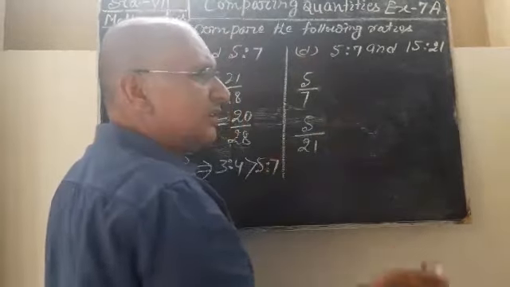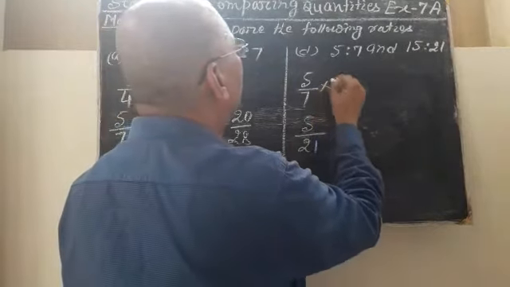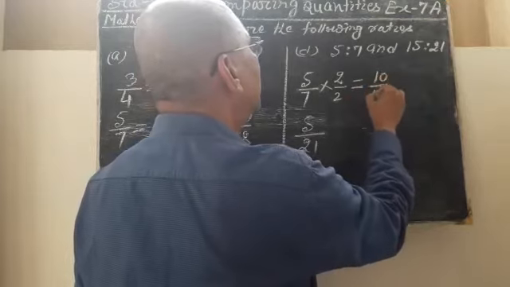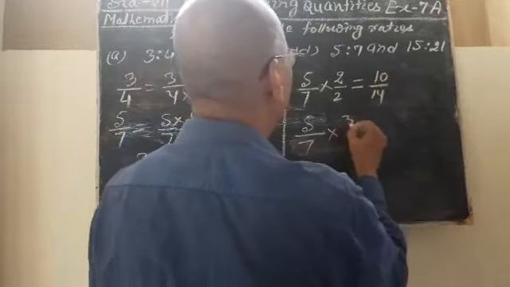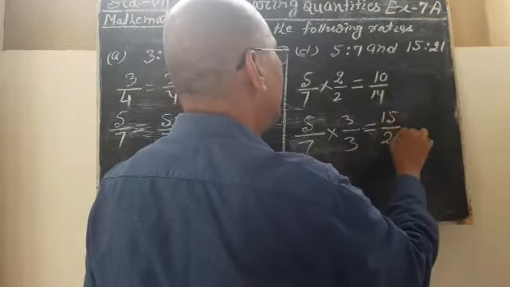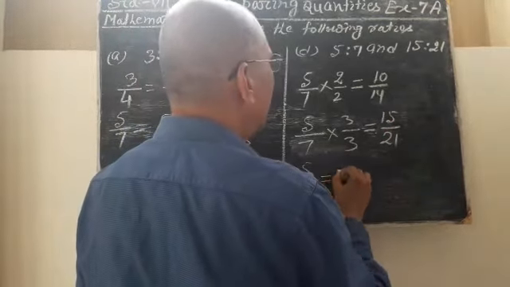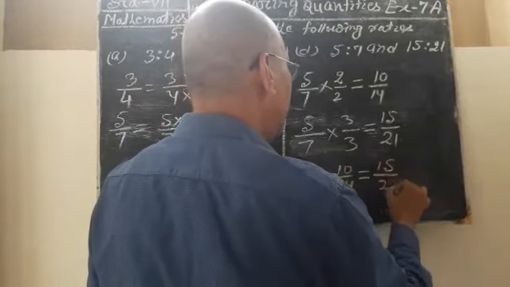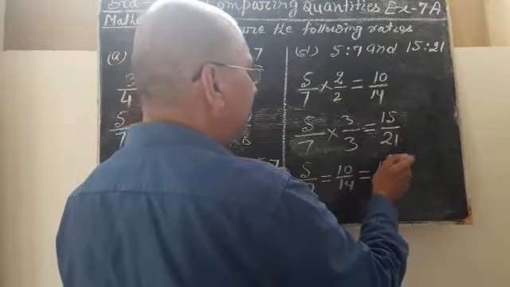In this same process also we can make a comparison, but here if you multiply by 2/2, this is equal to 10/14. Again, if we multiply by 3/3, then it is equal to 15/21. So 5/7 is equal to 10/14 is equal to 15/21. We have to compare 5/7 to 15/21.